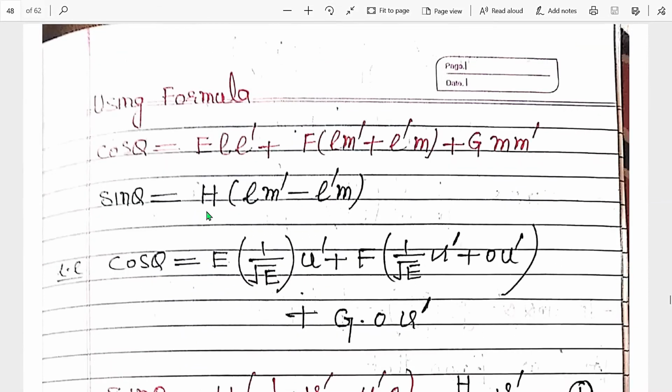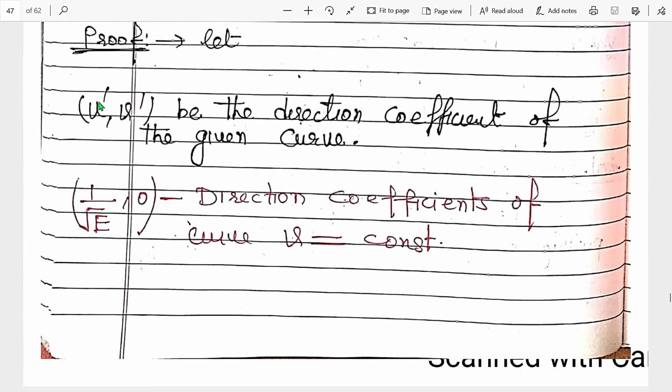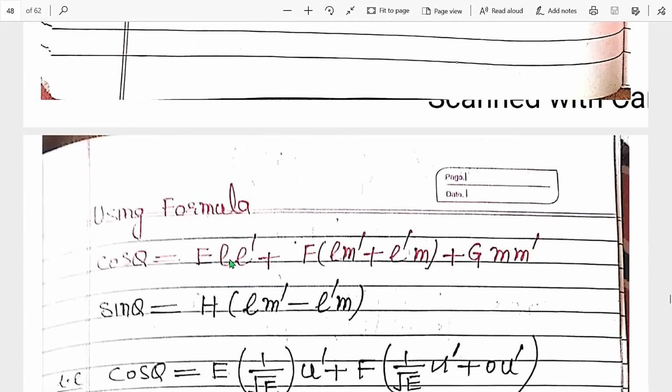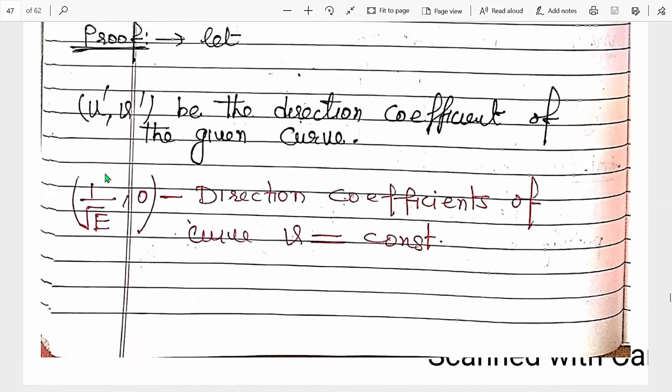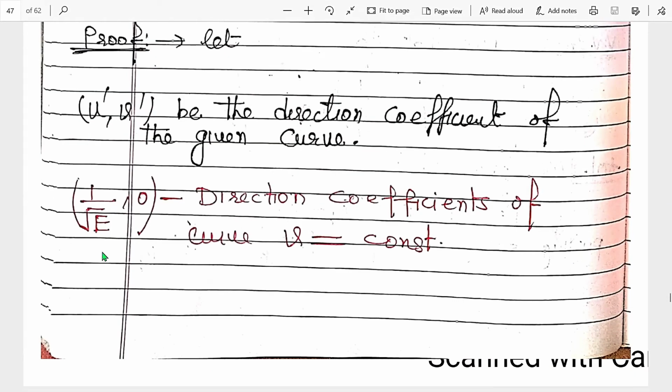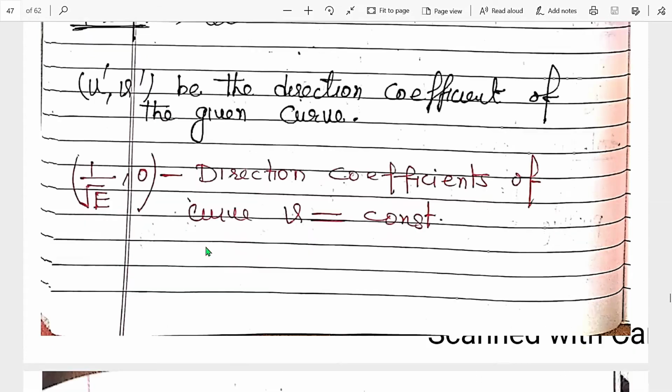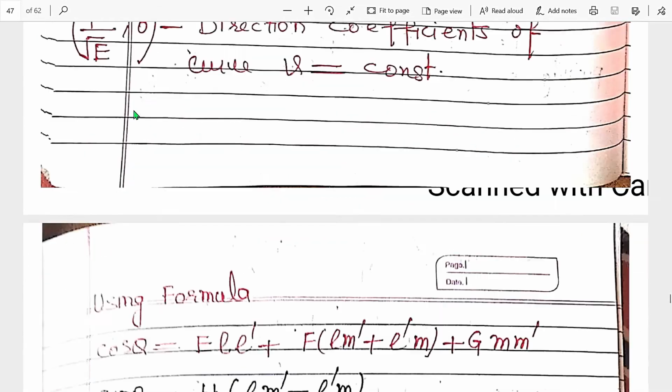Similarly, sine theta equals H into (l m dash minus l dash m), right? Now we substitute the values of l and l dash, so here l, m is u dash, v dash, and l dash, m dash is the other direction, because the angle between them is theta.